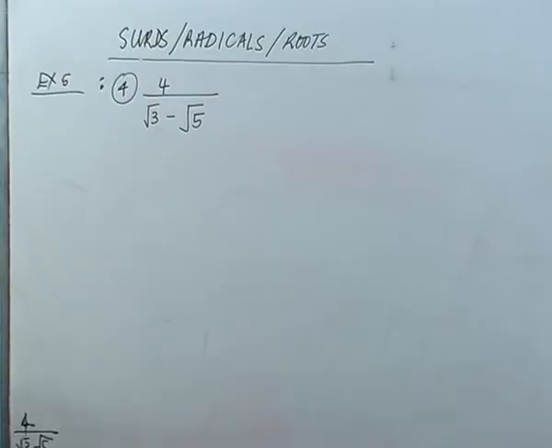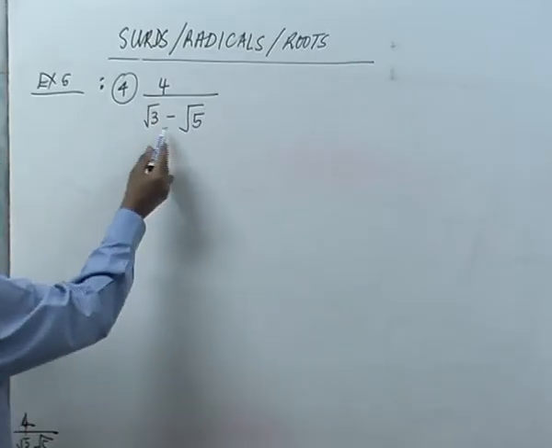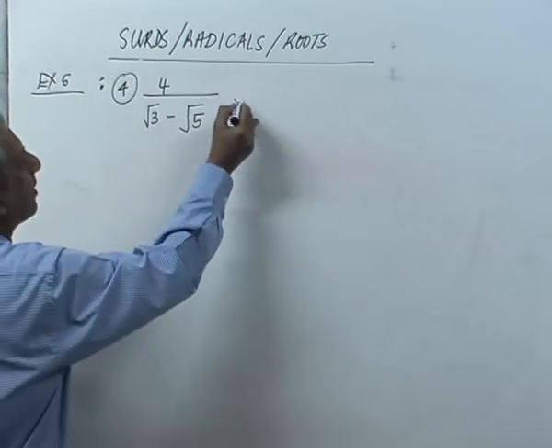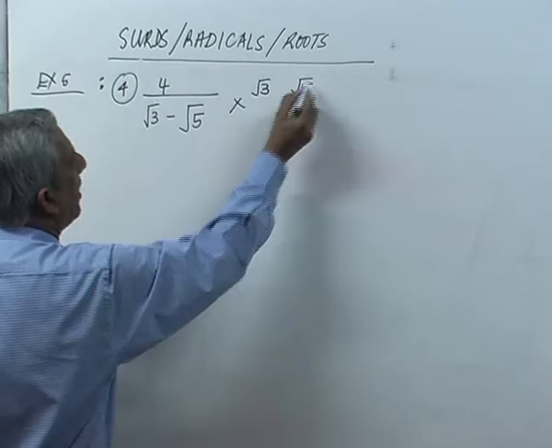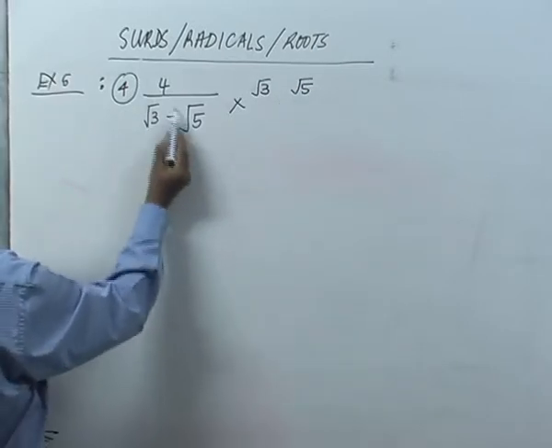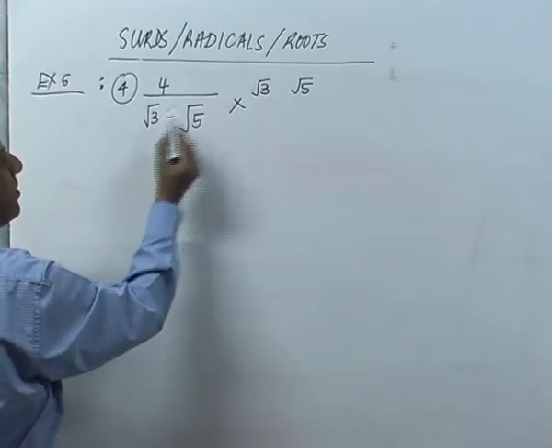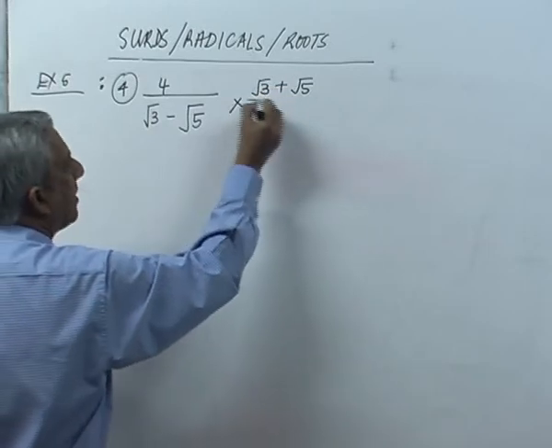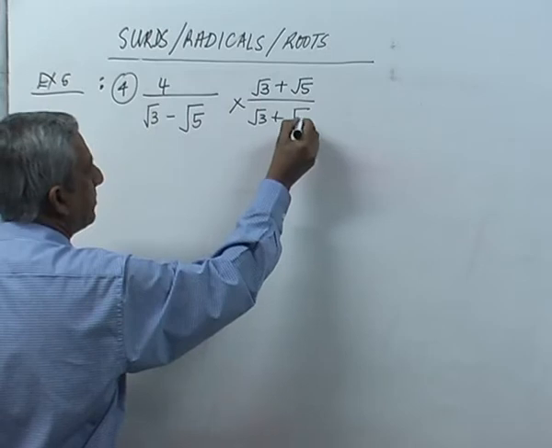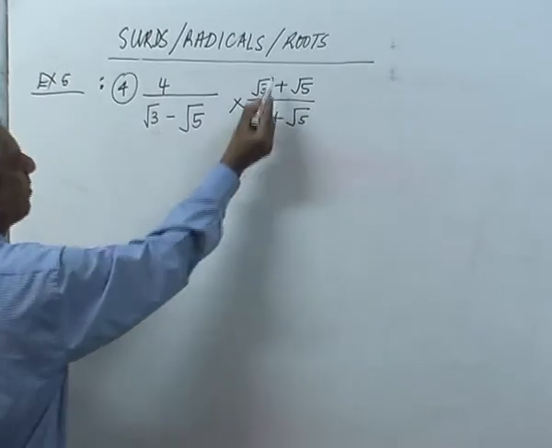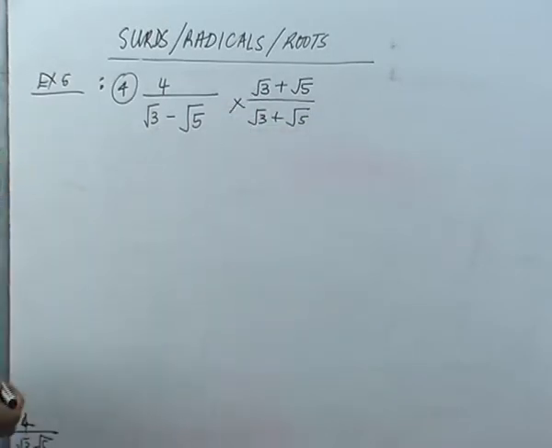Right. Here we have 4 over root 3 minus root 5. So, we have to multiply by root 3 root 5. Since there's a minus in the denominator, we must put a plus there. And we must put a plus there. Since there's minus here, you must put plus and plus in both places. Right.